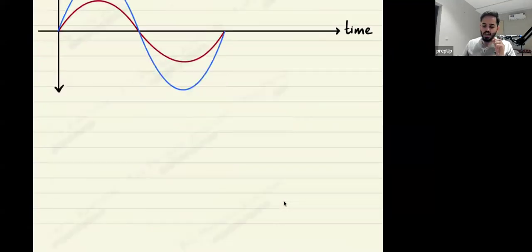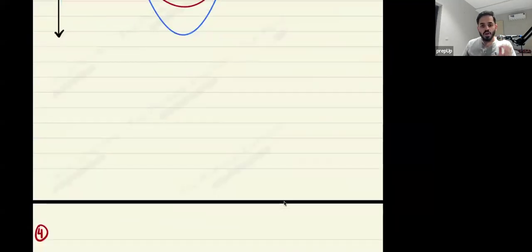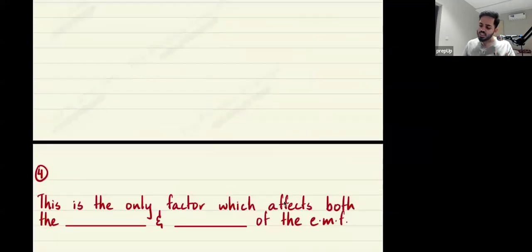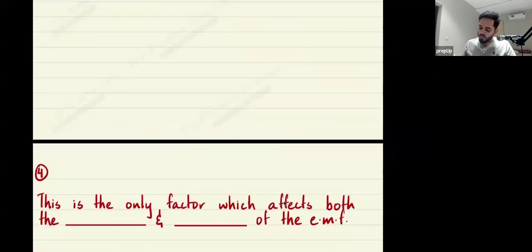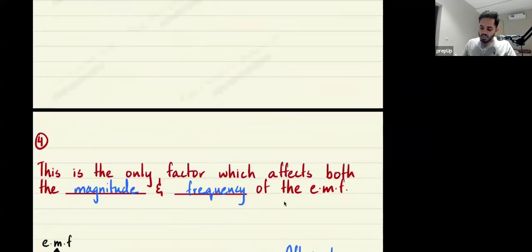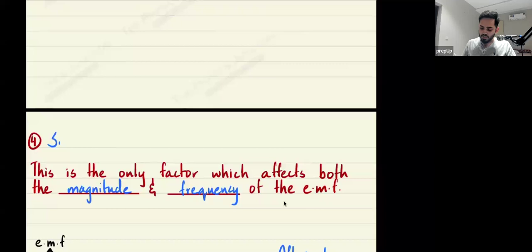One of these factors I've kept separate on purpose because this is the only factor that affects both the magnitude and the frequency of the induced EMF, and that is the speed of rotation of the coil.